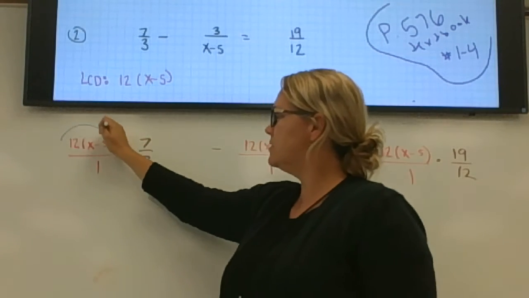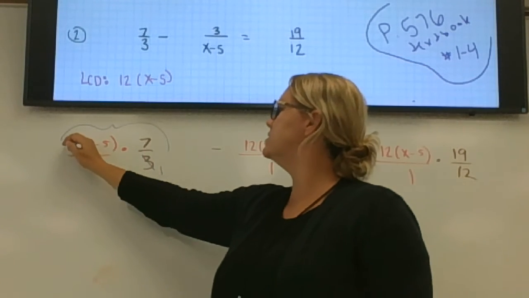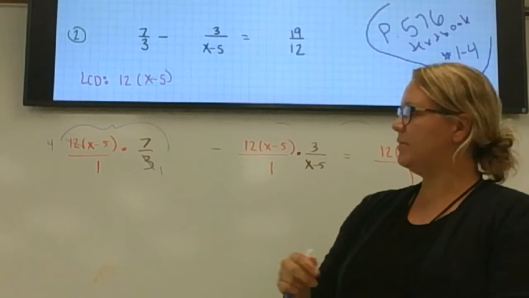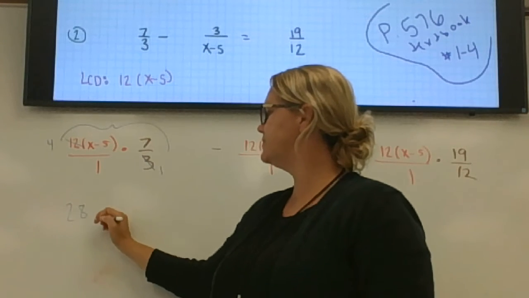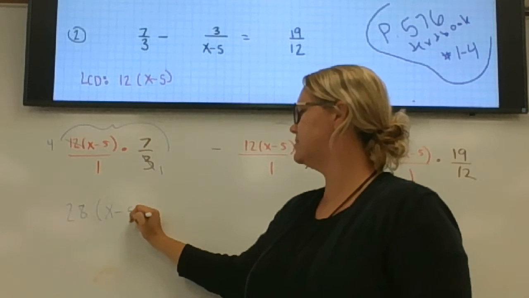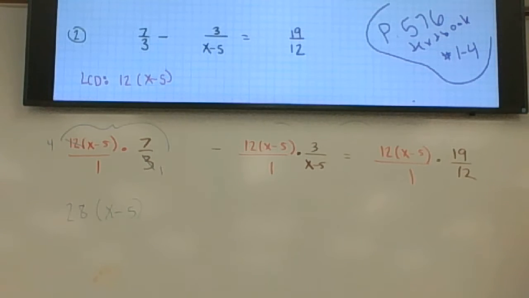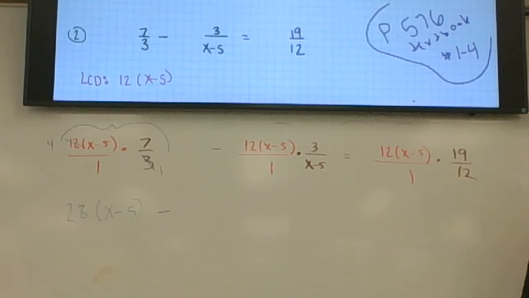I'm going to reduce before I multiply. So 3 goes into 3 once, and 3 goes into 12 4 times. And then I multiply whatever's left. So I have 4 times 7 is 28. And I'm just going to keep that x minus 5 for my next step.